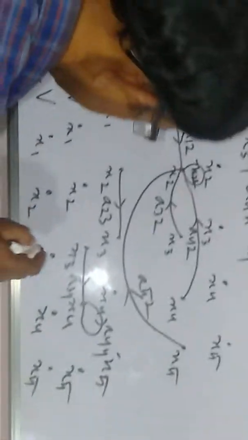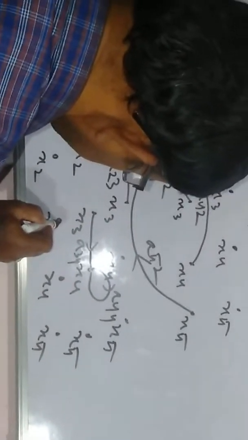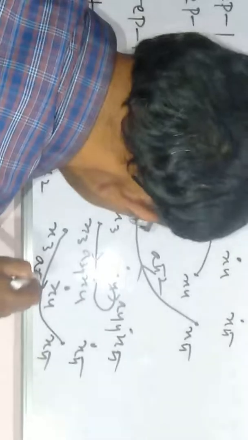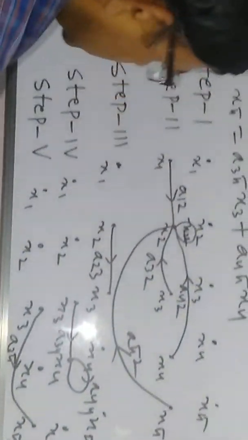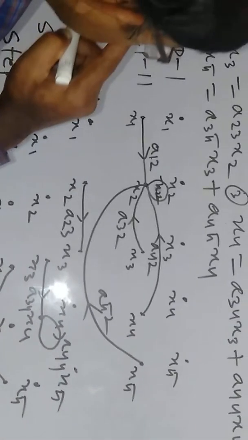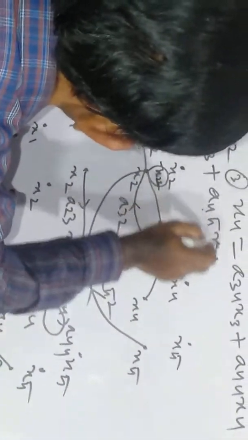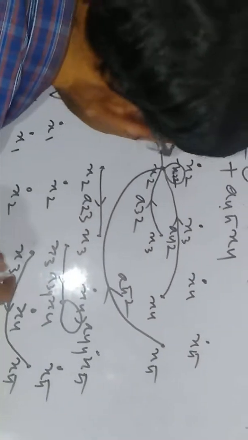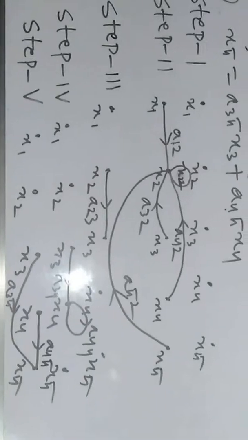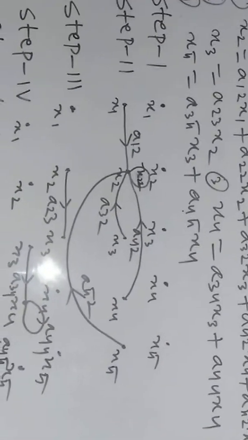That is a35 x3. Then next, a45 x4. This is a45. So this is the signal flow graph for all the algebraic equations.